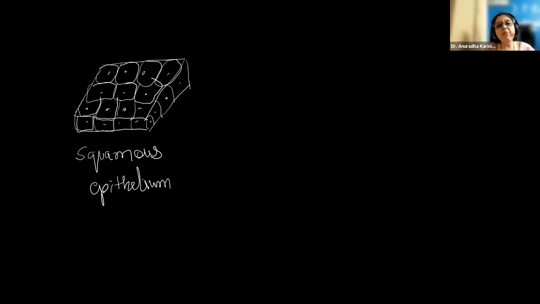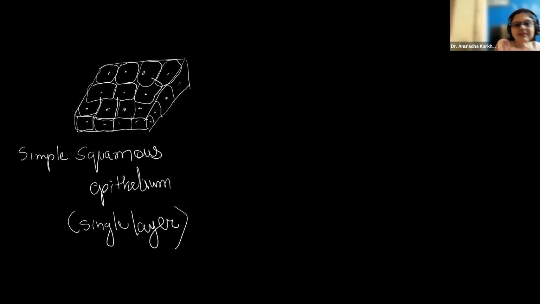Now this is simple squamous epithelium. इसको हम क्या कहेंगे? We'll call it simple. So what do you mean by simple? A single layer. Now, if I have to make stratified, so stratified में क्या होगा, एक लेयर के ऊपर दूसरा, दूसरे लेयर के ऊपर तीसरा, तीसरे लेयर के ऊपर चौथा, तो ऐसा मल्टी स्टोरी बिल्डिंग बनेगा.